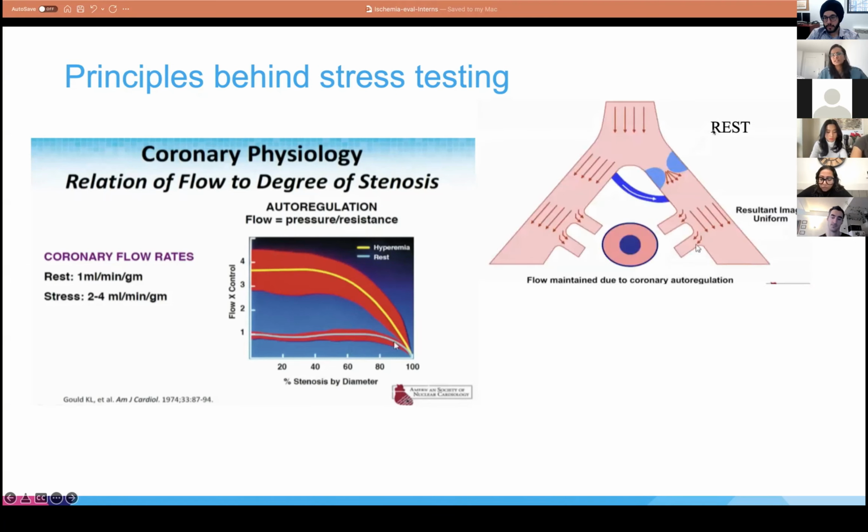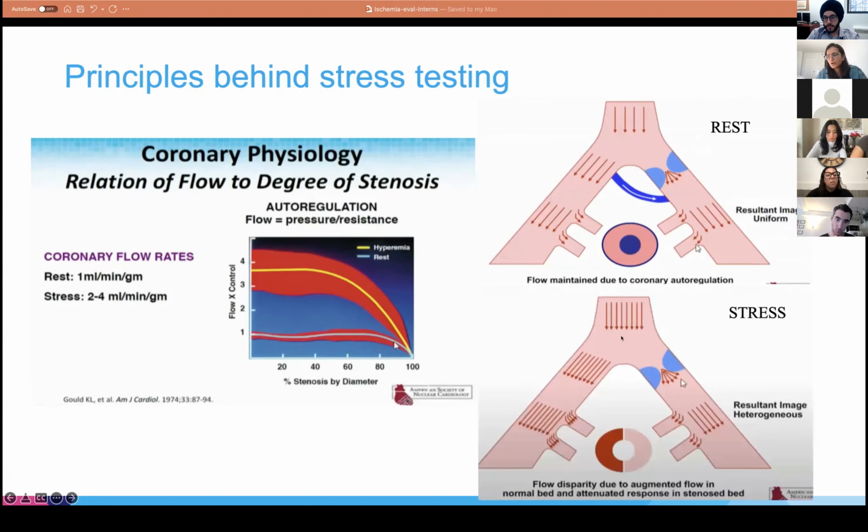So this is just another graphic which helps explain this. At rest, even when you have significant stenosis, you could still have normal flow because the requirement is not that high. So the coronaries can adjust the flow so that all parts of your heart will get good blood flow at rest.